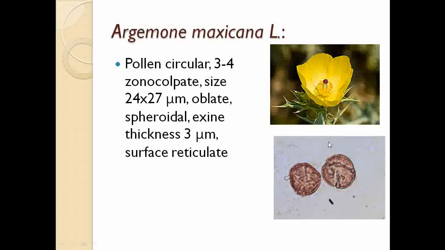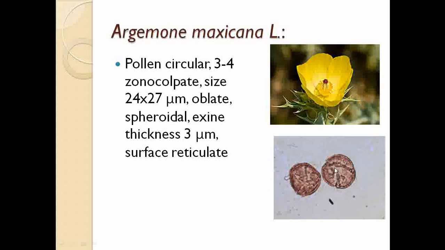After performing the acetolysis under the microscope, you are going to see the structure like that. So here you are clearly identifying the shape of the pollen grain, how many apertures there are, as well as the exine strata.